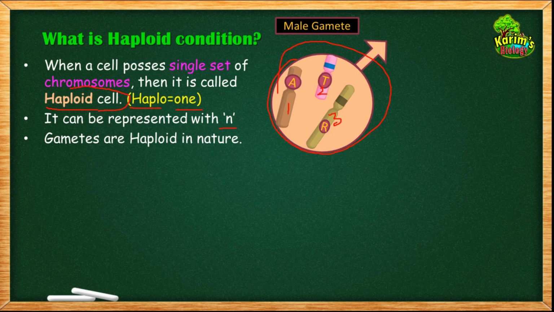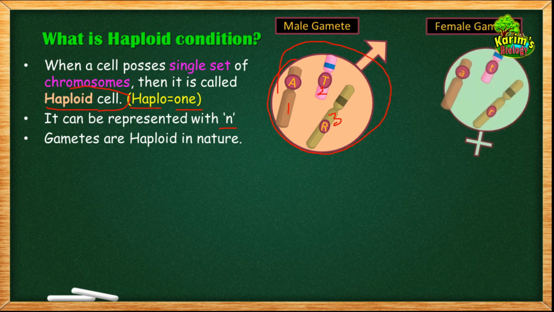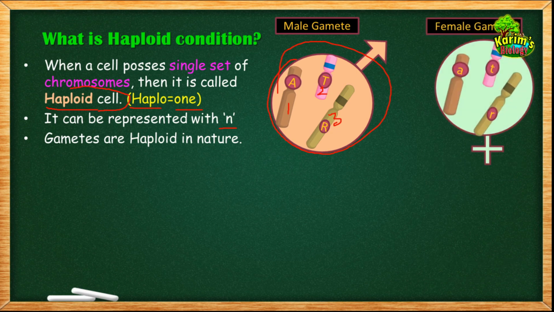So let me show you one more gamete. This is one more gamete, a female gamete. And can you count the number of chromosomes in this gamete? Again, how many chromosomes are there? 1, 2, 3. There are 3 chromosomes present here again. And these 3 chromosomes also carry different kinds of genetic information from each other.